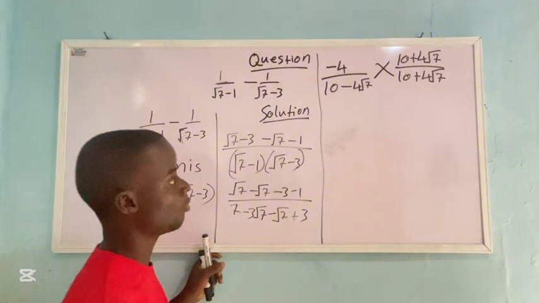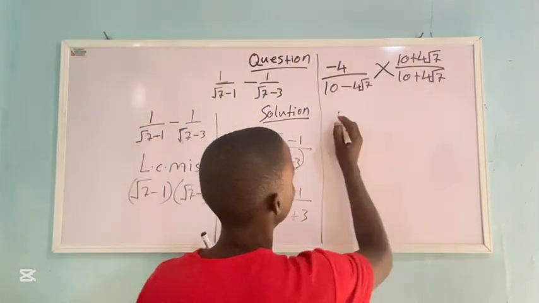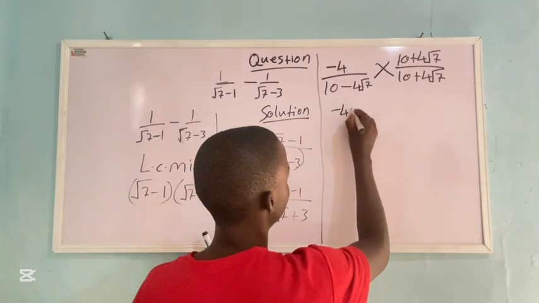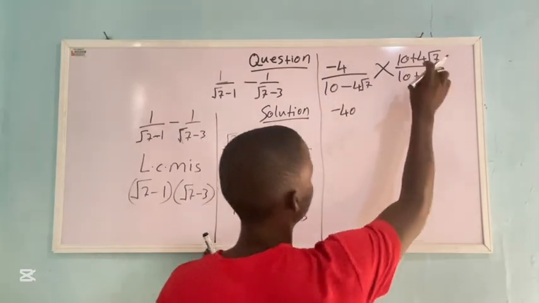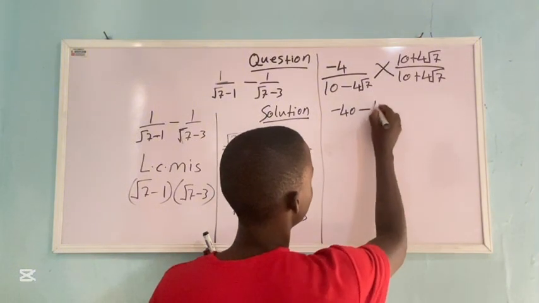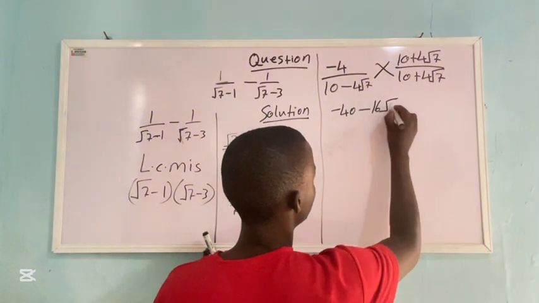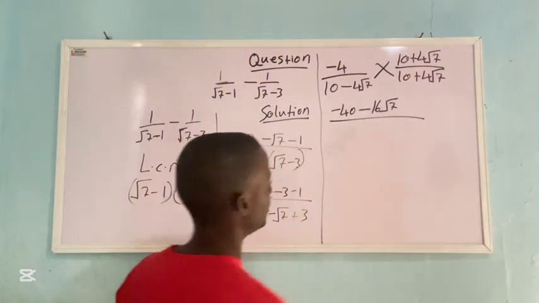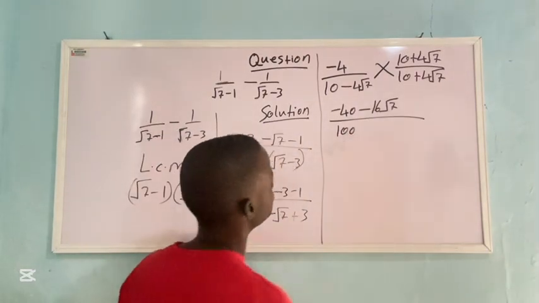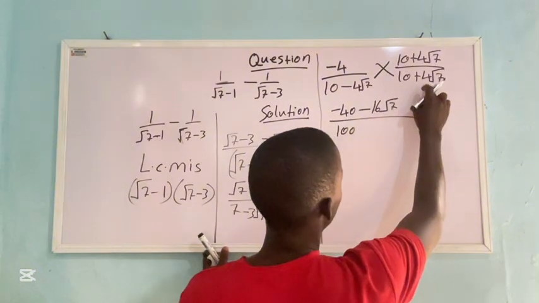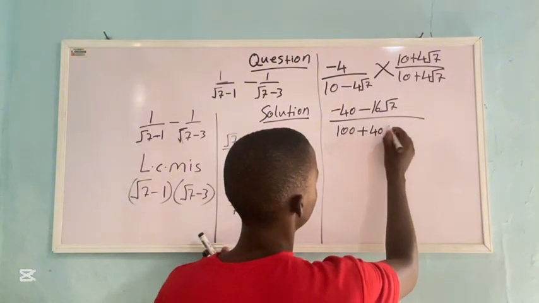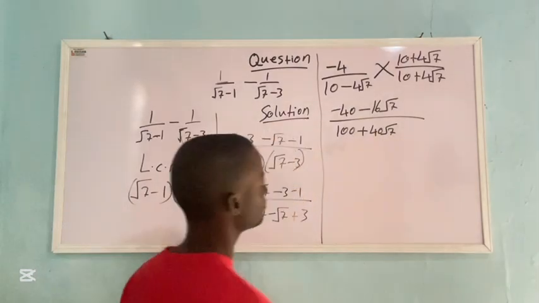So now we're going to multiply also. Minus 4 times 10, we have minus 40. Minus 4 times 4 root 7, we have minus 16 root 7, all over 10 times 10, which is 100. 10 times 4 root 7, we have plus 40 root 7. Minus 4 root 7 times 10, we have minus 40 root 7.